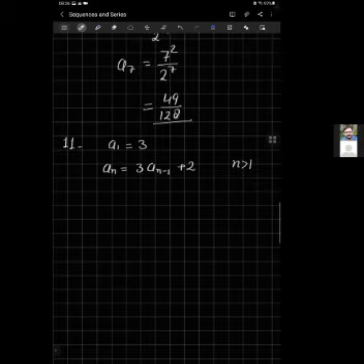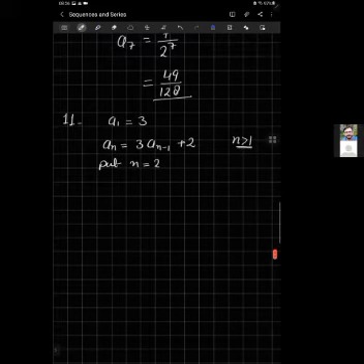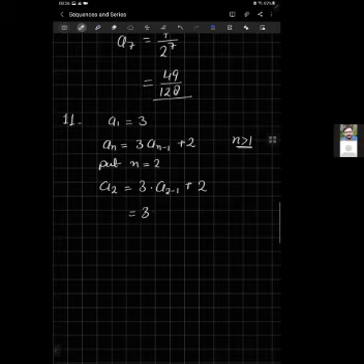So I'm putting n as 2. It is greater than 1. We can see easily, a2 will be 3 times a(2 minus 1) plus 2, that is 3 times a1 plus 2.